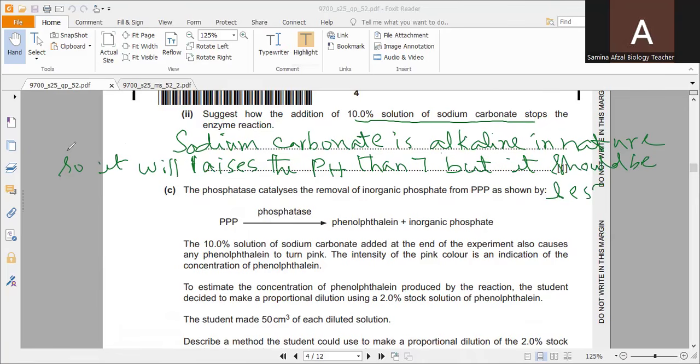It should be less than 7, so it is above 7.